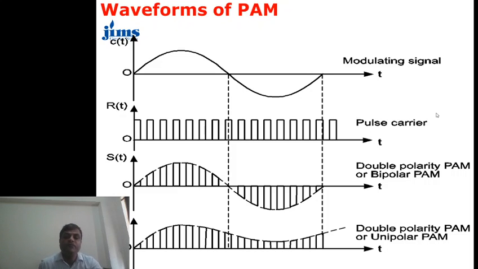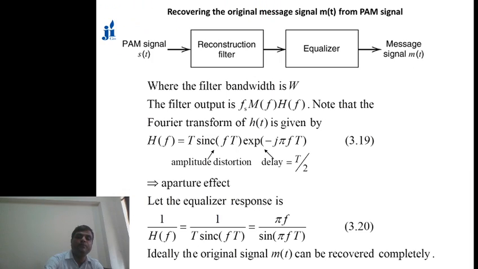If we want the output having double polarity, then we get output like this. If we want output with single polarity, then we get output like this. And the circuitry used for the generation of this type of signal is different in both cases. That's why it is called bipolar and single polar.